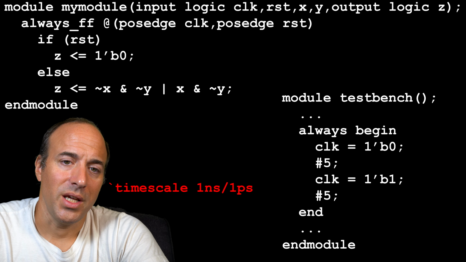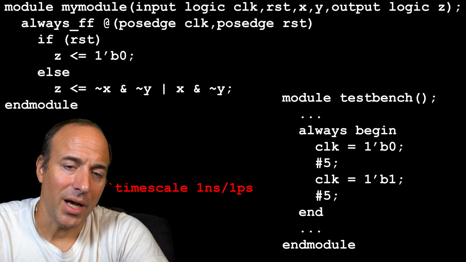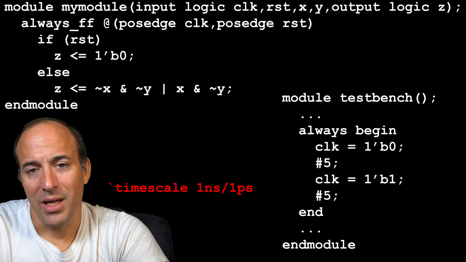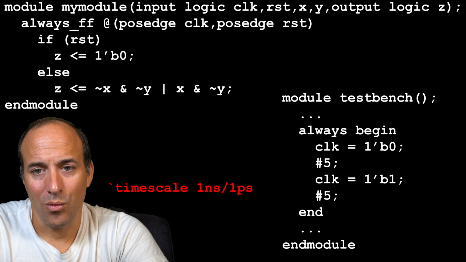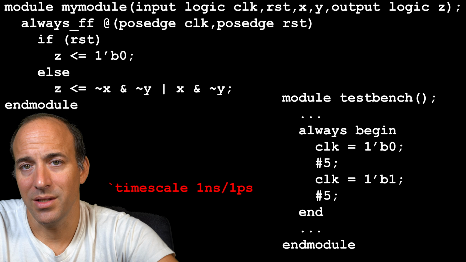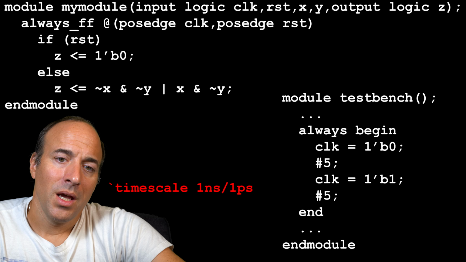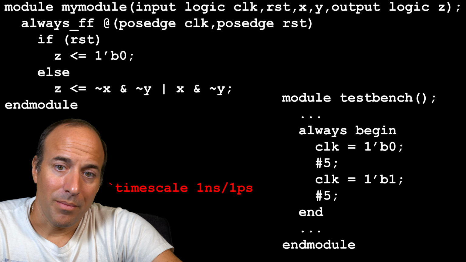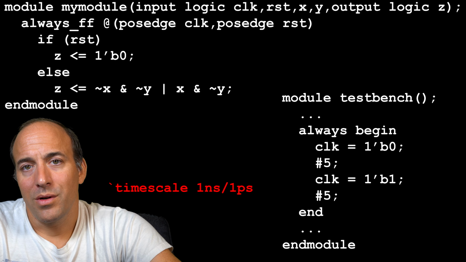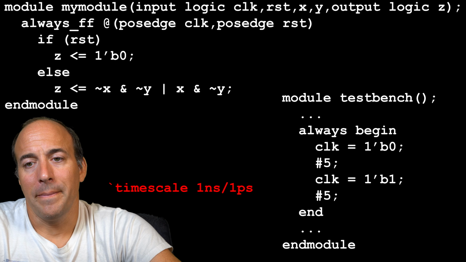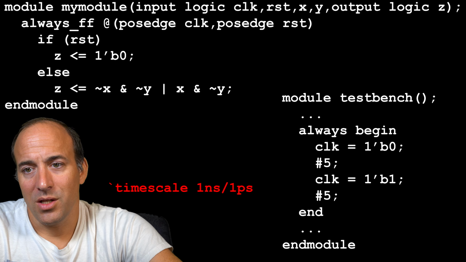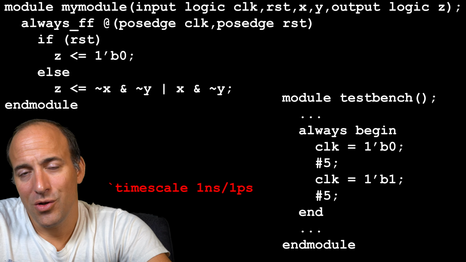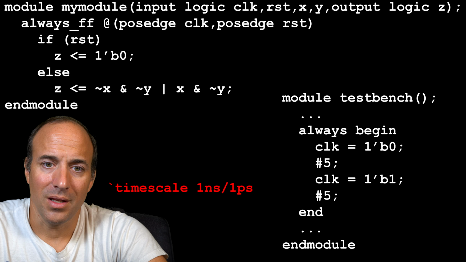So in other words, the backwards apostrophe accent grave is equivalent to the pound or hash sign when defining compiler directives in C and C++. But if you don't use this directive in your module, then the simulator will use whatever default time unit it uses, and this will vary by simulator, and usually this is fine for us in this class.